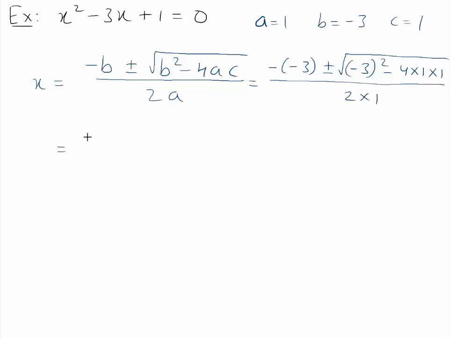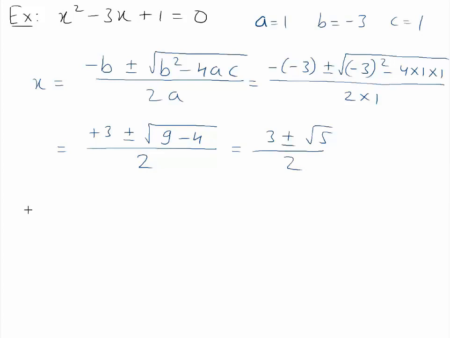So this equals plus 3 plus minus square root 9 minus 4 whole divided by 2. So this equals 3 plus minus root 5 whole divided by 2. So the roots are x equals 3 plus root 5 by 2 or 3 minus root 5 by 2.